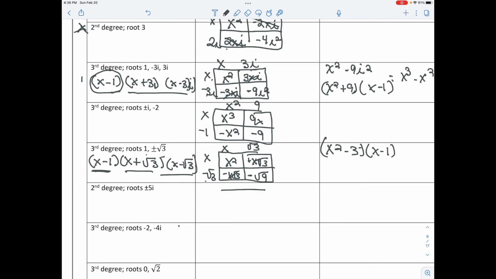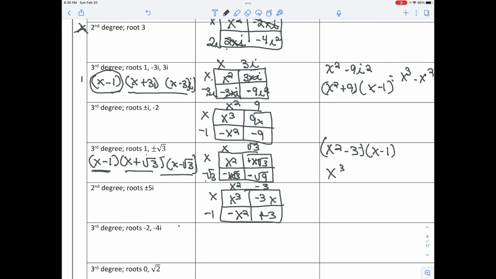Again, putting that in the box. Next time I do this, I need to give you more space on this. We get x squared minus 3, x minus 1, and we get x cubed minus 3x, then we get negative x squared plus 3.